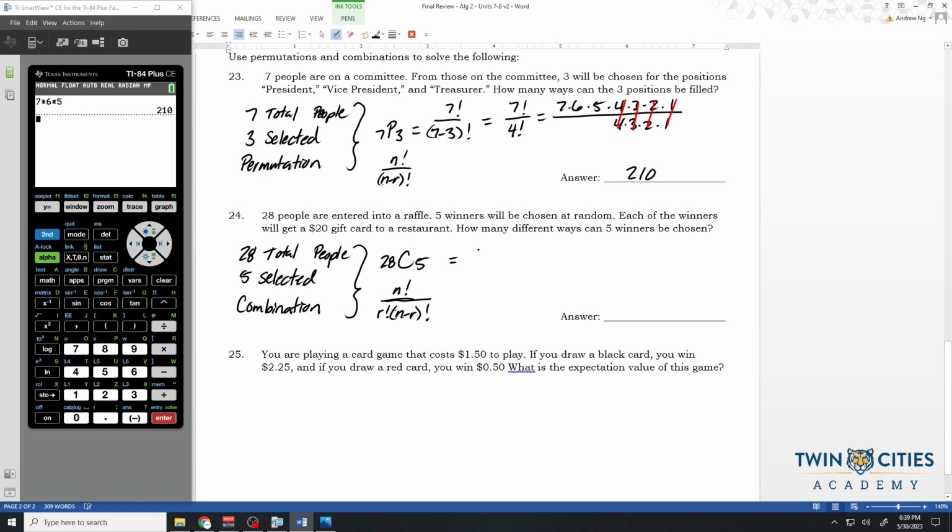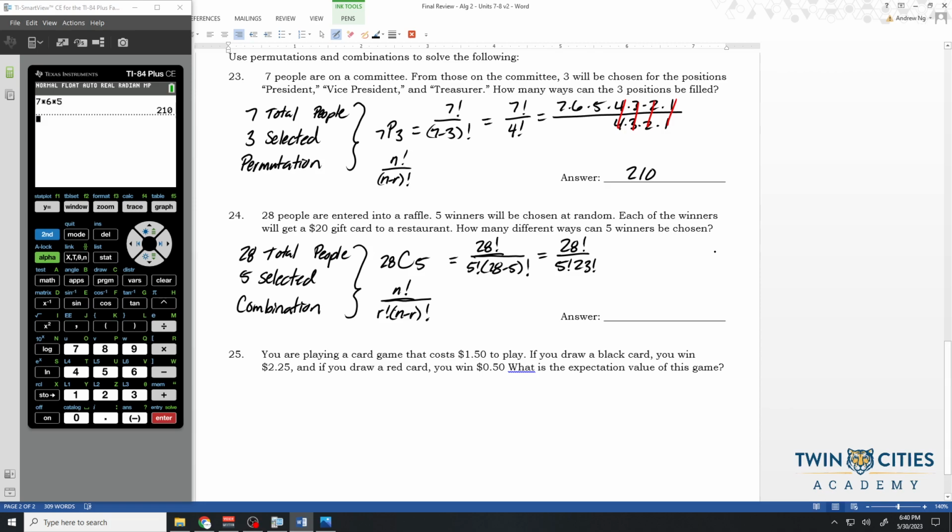Which for this problem would be 28 factorial over 5 factorial times 28 minus 5 factorial, which is the same as 28 factorial over 5 factorial, 23 factorial. And then you realize how many things you're going to have to write down and multiply. Just for the top part, 28 times 27 times 26 times 25 times 24 times 23 times 22, all the way down to 1.